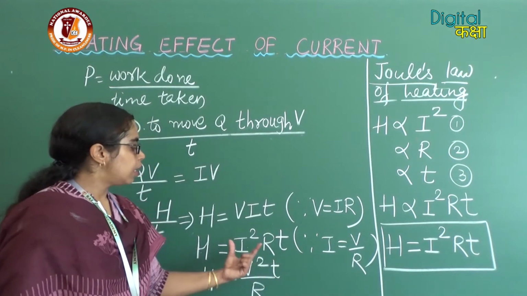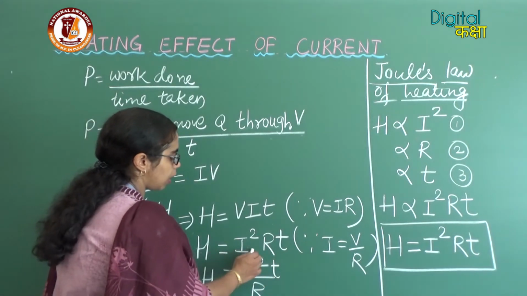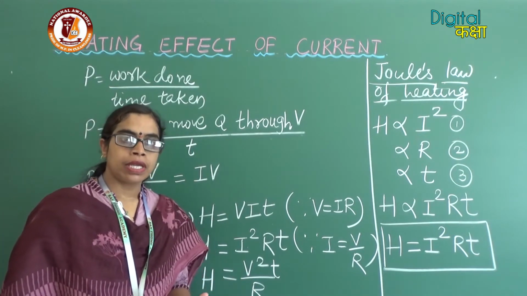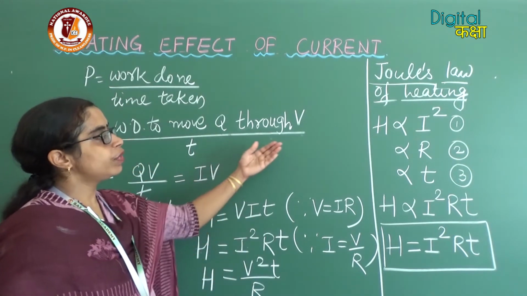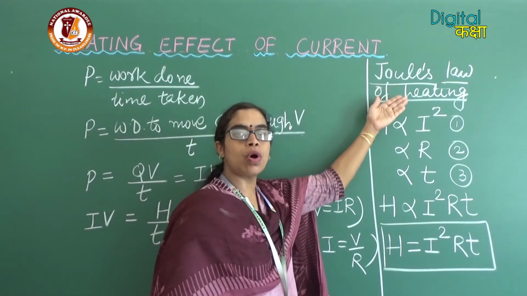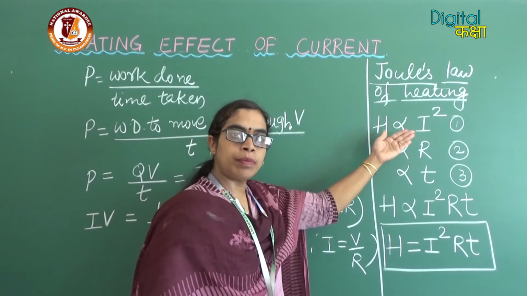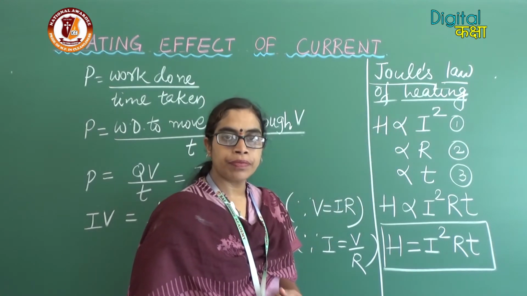There is a significance of this formula of heat energy, I square R T, in the topic which is called Joule's law of heating. So, what is the statement for Joule's law of heating?